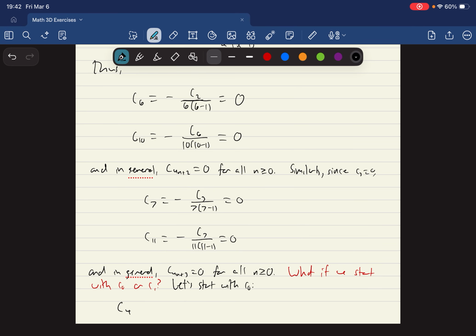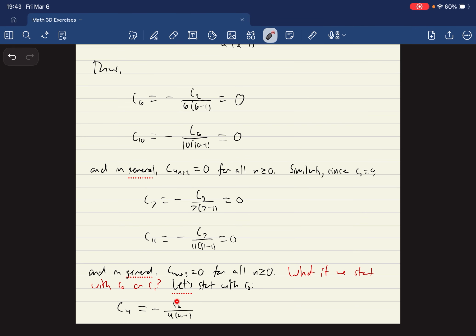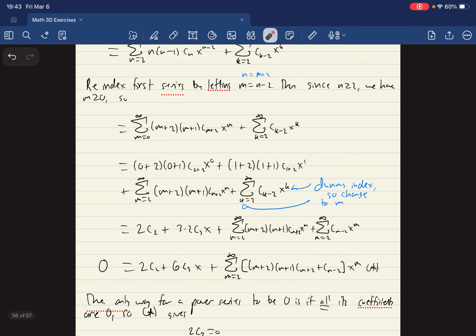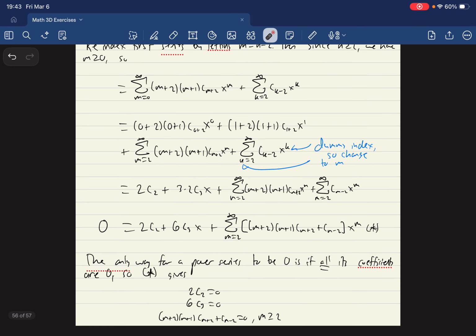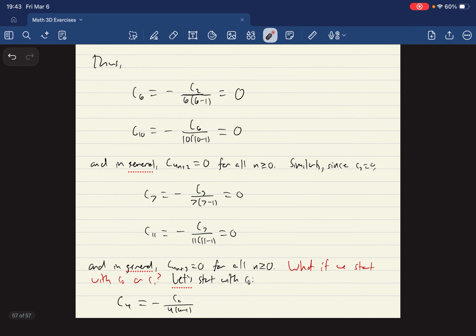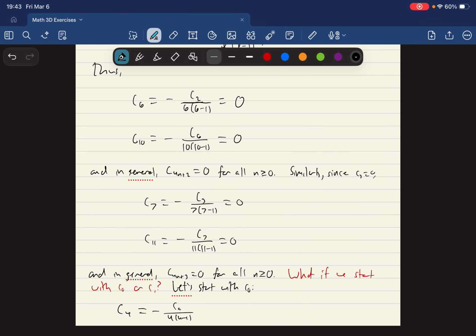If I add 4 to 0, I get C4. And this is going to be negative C0 over 4 minus 1. And note that we didn't get any information about C0 from our previous work over here. There's nothing that told us that C0 has to be 0 or any other number. So C0 can be arbitrary.